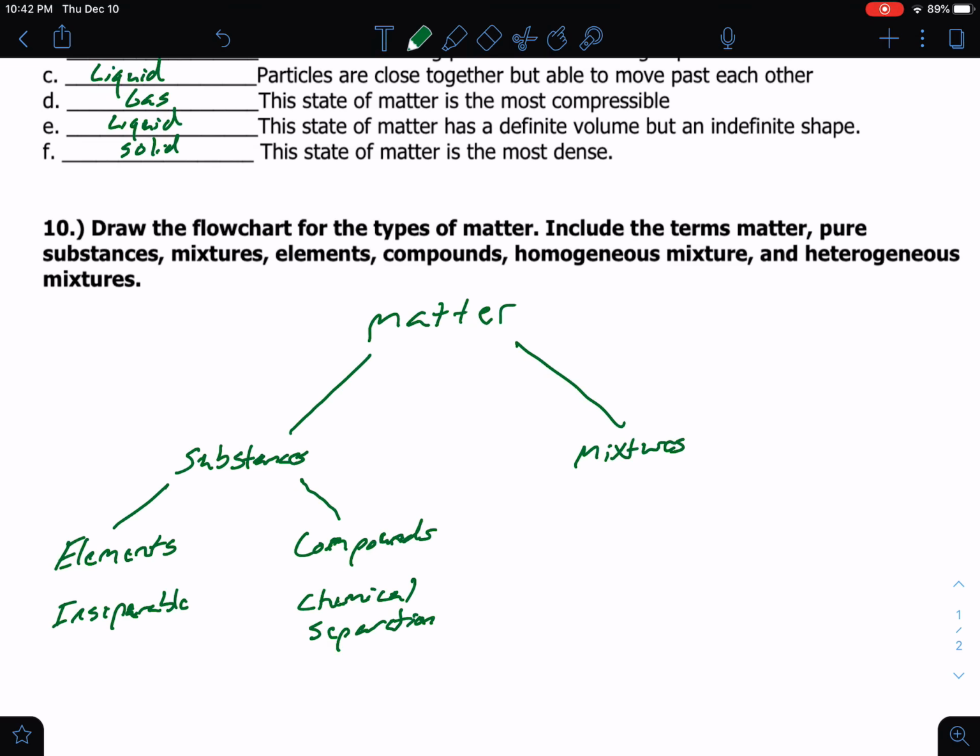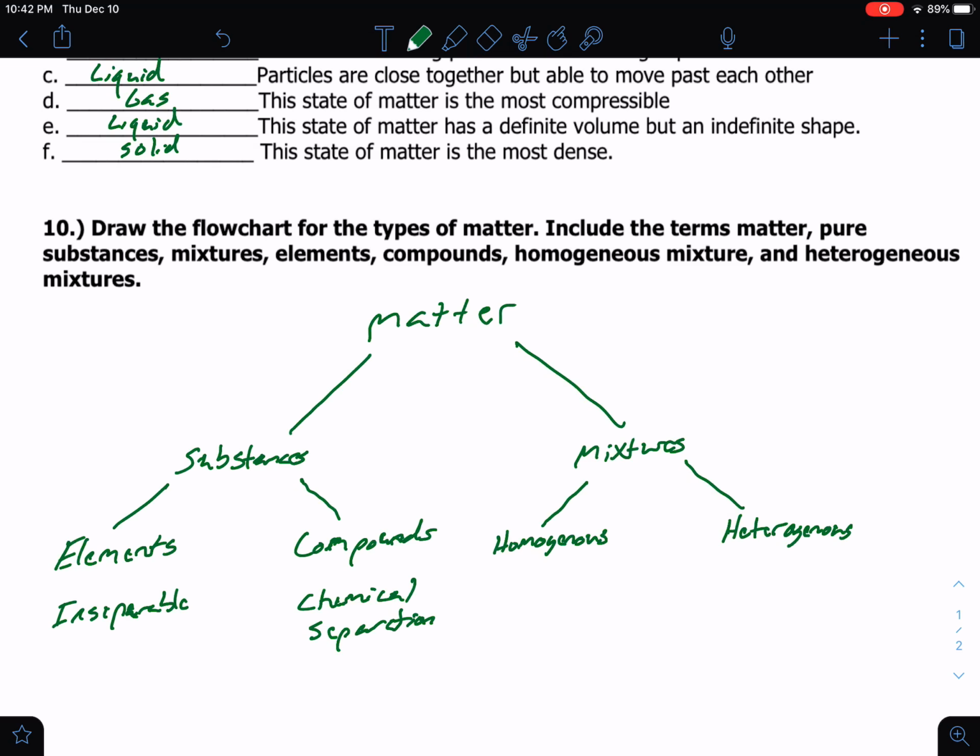Okay, so then we're going to go back over to mixtures. We have two types of mixtures: homogeneous and heterogeneous. Homogeneous is where it mixes together and you can't really tell the difference between the different particles that are in it, like milk.